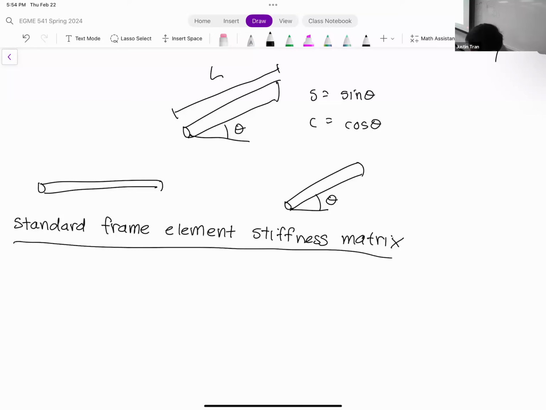What's interesting about the frame is that it's like an augmentation of a truss and a beam put together. Basically we're assuming there's no cross interaction. So for the element stiffness matrix, you just take the truss elements, take the beam elements, and smash them together into one matrix.